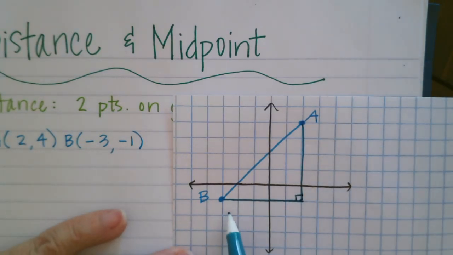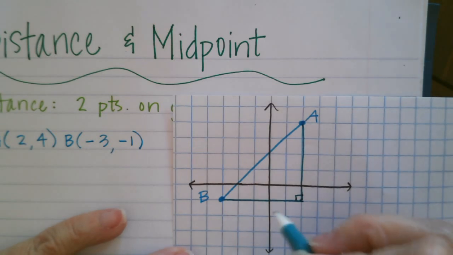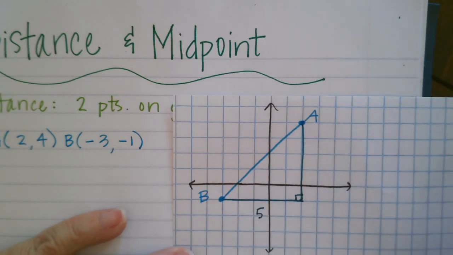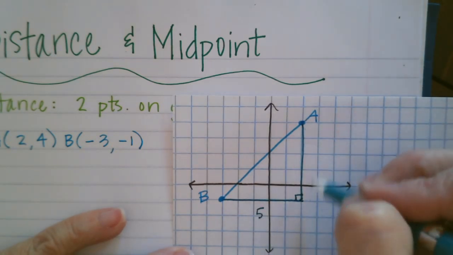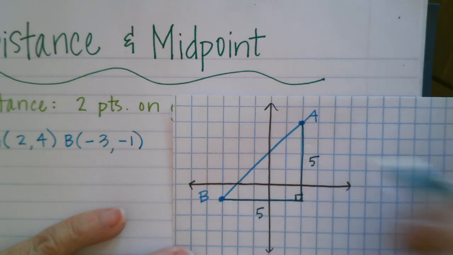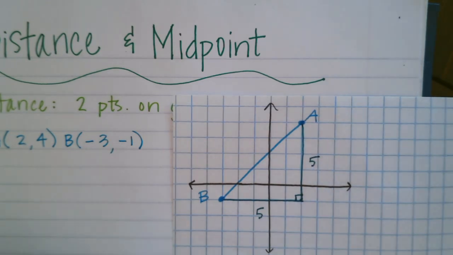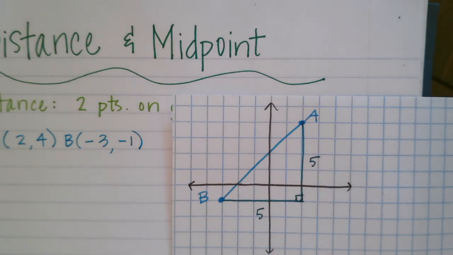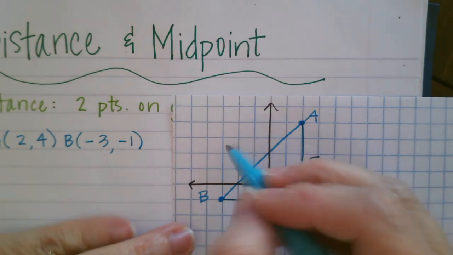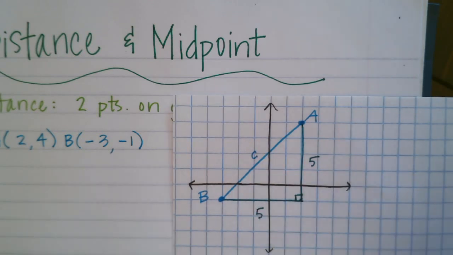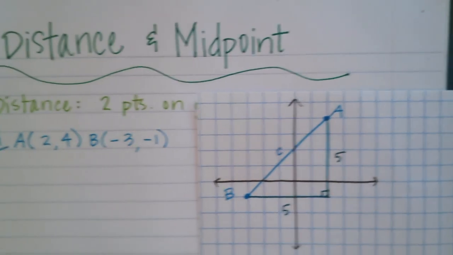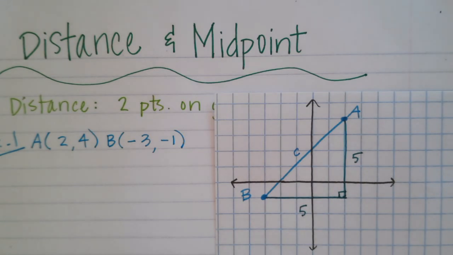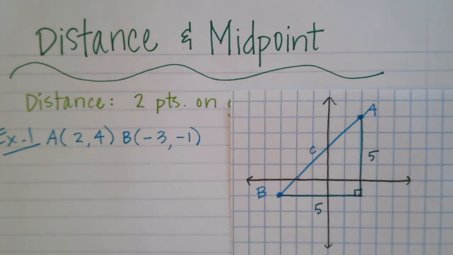I can see that this side is a length of 5, and this side right here is also a length of 5. So now I can use the Pythagorean theorem to figure out the length of this side, which would be the C, because AB is the hypotenuse.